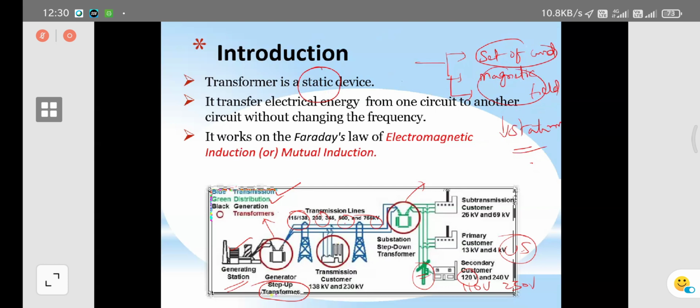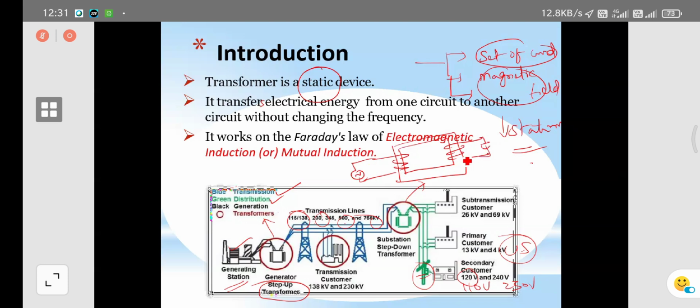So next, a transformer is a static device. The next point is that it transfers electrical energy from one circuit to another circuit. Generally, this is the transformer, this is one circuit, this is the source, and this is the load.